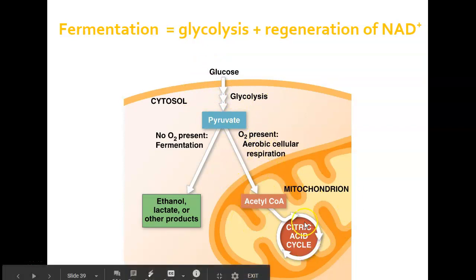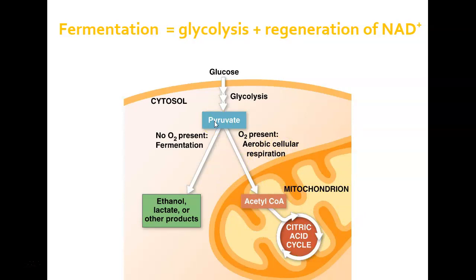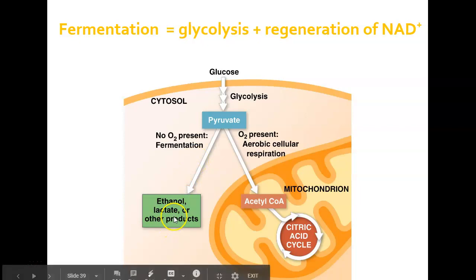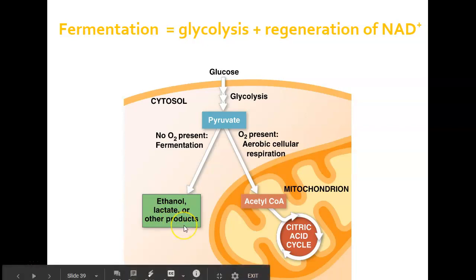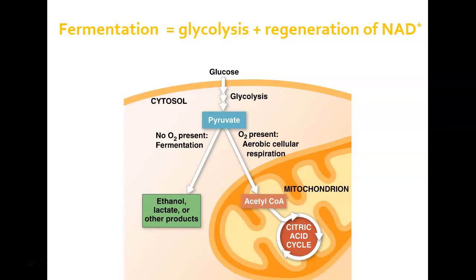We go into the mitochondria and do everything that we've previously talked about. However, if oxygen is not present, then the cell does something called fermentation. And this is where things like ethanol or lactate or lactic acid, as I mentioned before, other products are made. So fermentation really is the process of respiration without oxygen.